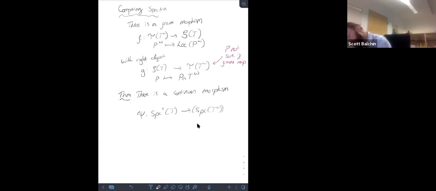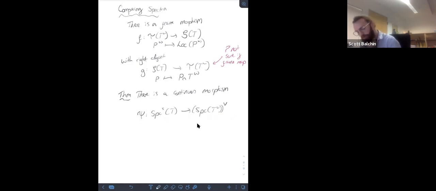But here I have to take its Hochster dual. If I'm cooking up from the lattices, I don't know that this space is spectral, so I can't take its Hochster dual, it might not exist. So we're reduced to this sort of map.